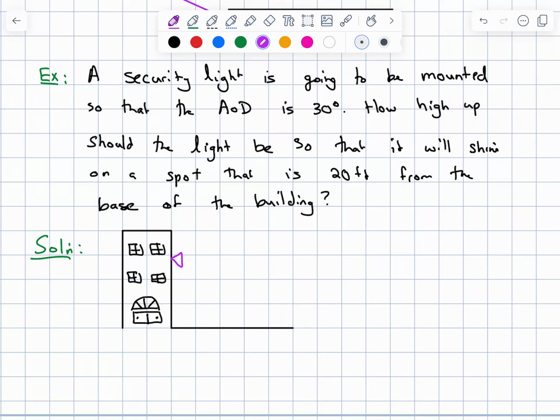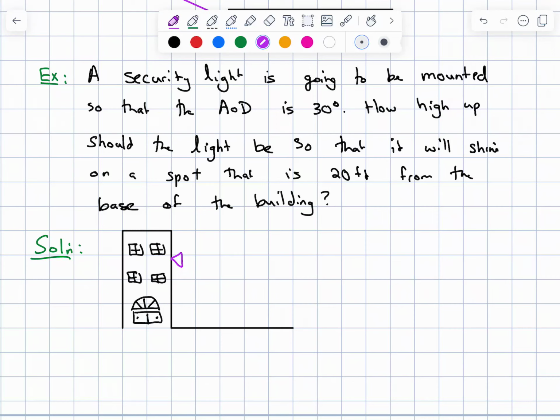You don't know how high up it's going to be. The more realistic thing you would do is keep messing with it until you got what you wanted, but you don't want to re-drill into the wall several times.